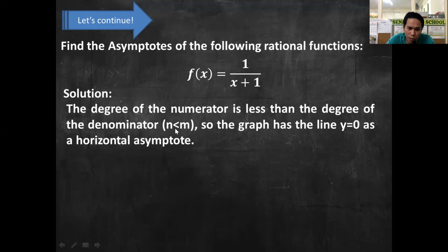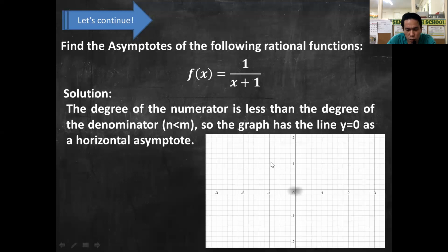So, if our n is less than m, yung horizontal asymptote natin can be found sa ating x line, or sa ating x-axis. Sige, tingnan natin yung graph. Kung kanina yung ating vertical asymptote ay nasa -1, yung ating horizontal asymptote naman ay nasa 0. So, y is equal to 0.